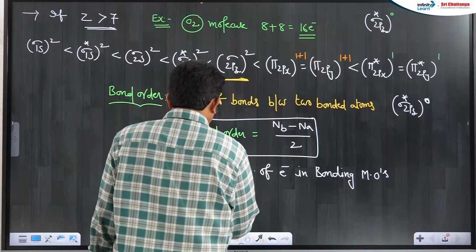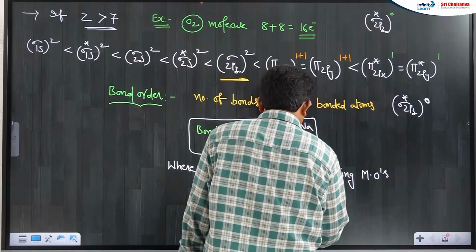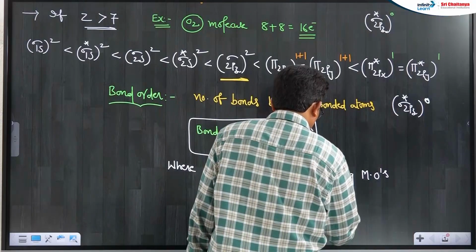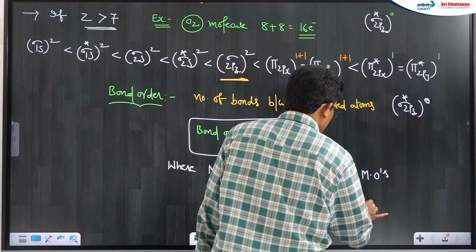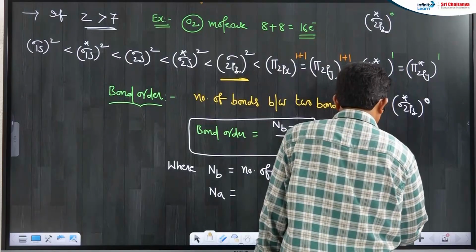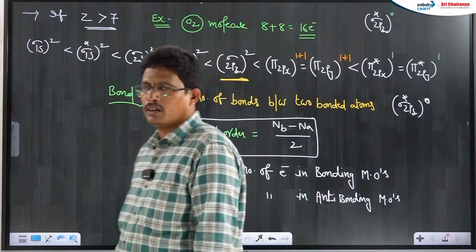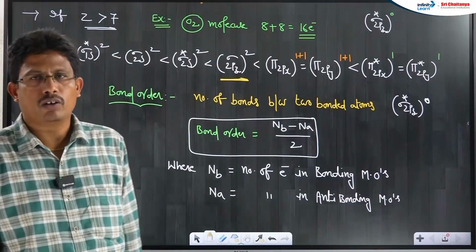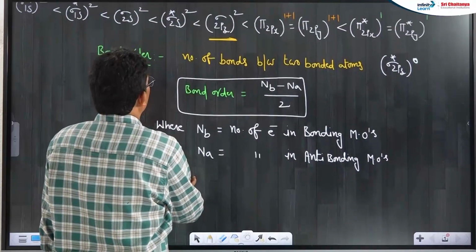Simply, NA means number of electrons in anti-bonding molecular orbitals.